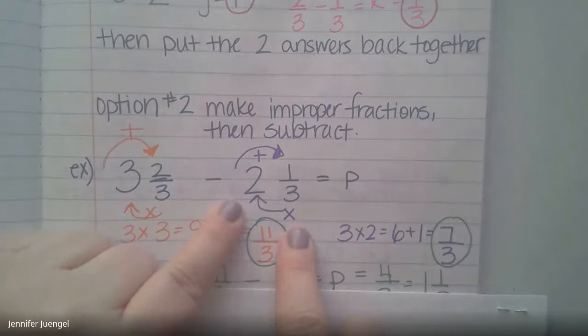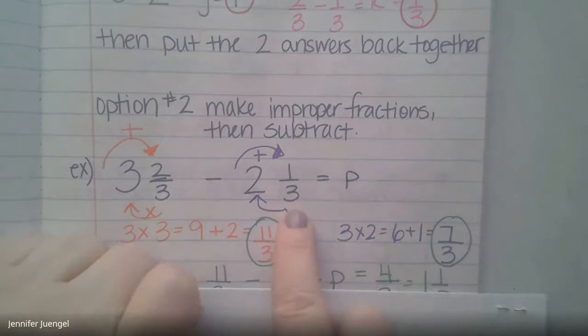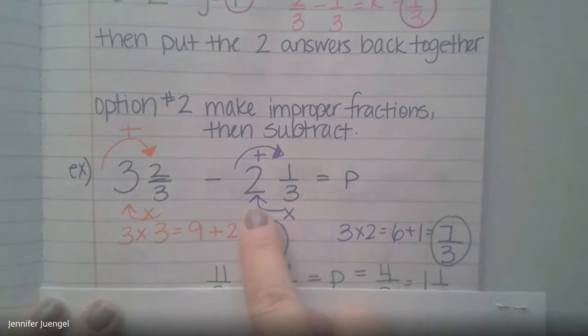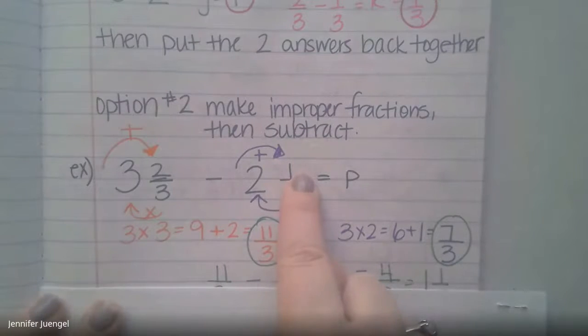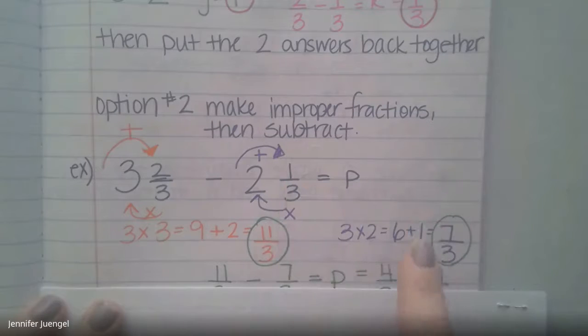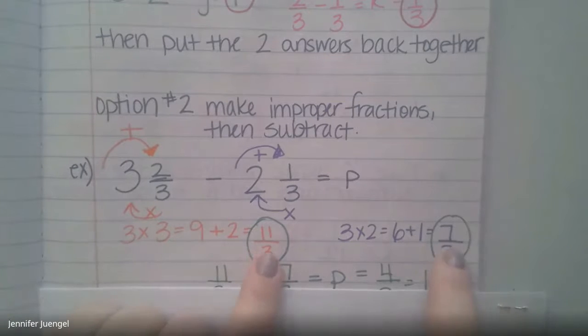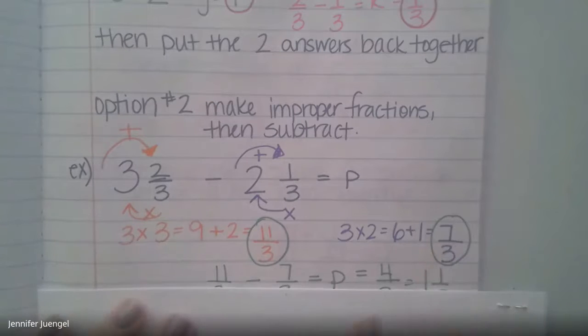When we rock around the clock for this fraction, we start with the denominator 3, rock around the clock clockwise, times 2 equals 6, rock more around the clock back up to the numerator, but this time we add, plus 1 equals 7/3. Now we can subtract these two new improper, top-heavy fractions.